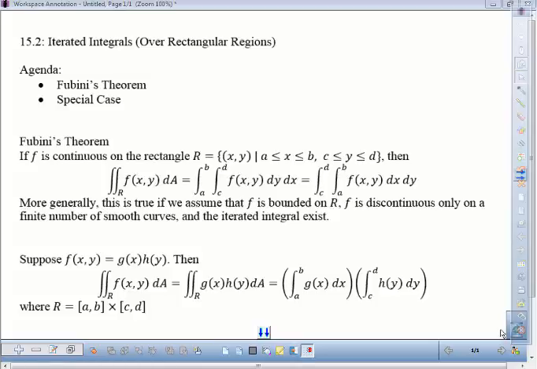The second thing we talked about was a special case where, if you have a function whose factors you can separate, you can integrate them separately. This is different from an iterated integral, which you integrate from inside out. This special case is something you can set aside and integrate separately.